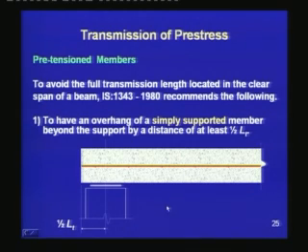For a simply supported beam, the points of high moment are usually within the span, but the code says that from the central line of the support, there should be an overhang of at least half the transmission length, such that when we cross the face of the support, by that time the prestress has developed in the concrete and the tendon has also regained its full effective prestress.